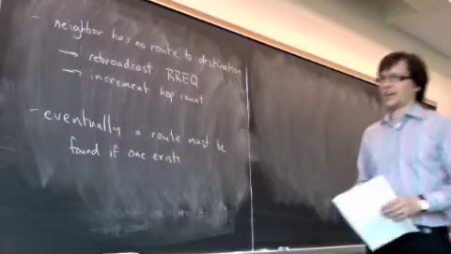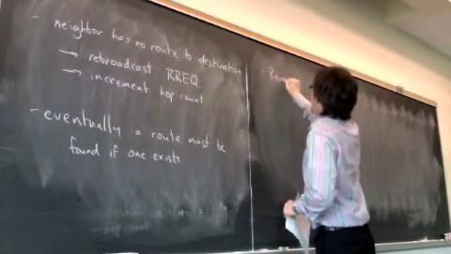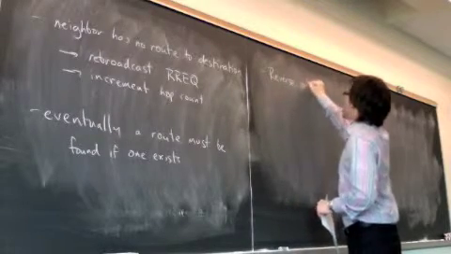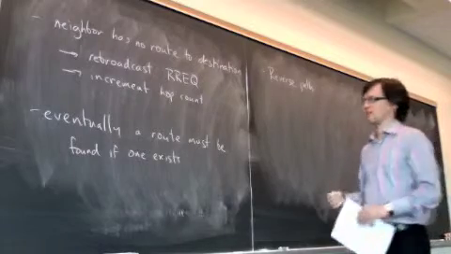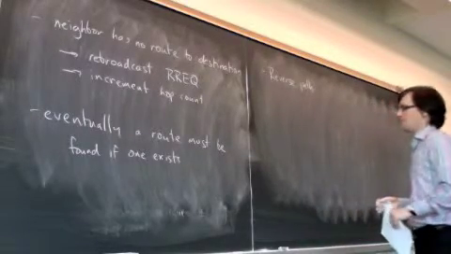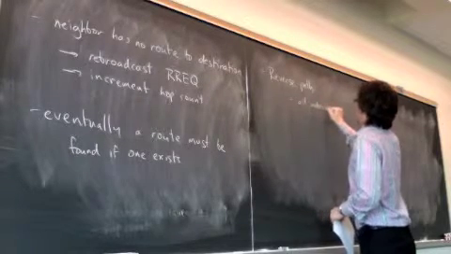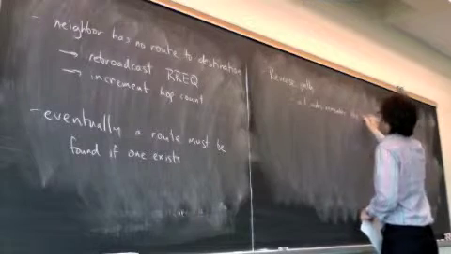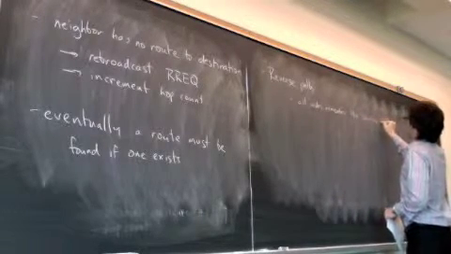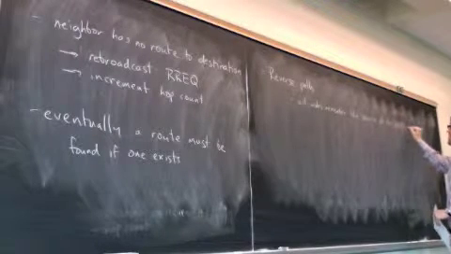Okay, so setting up the route, we go by the reverse path. When a device receives a route request and passes it along, all nodes remember the source of the route request that they received.